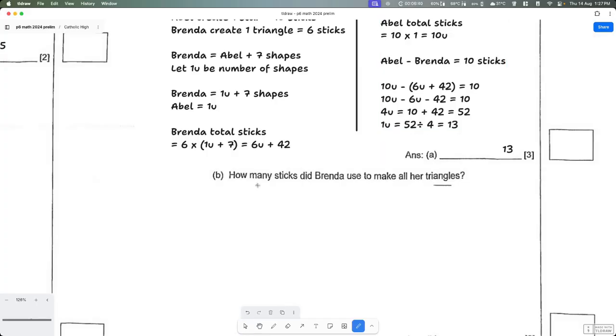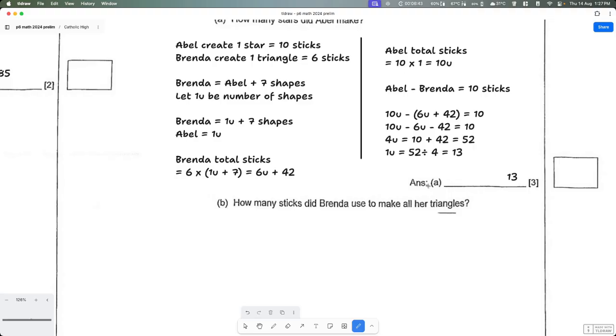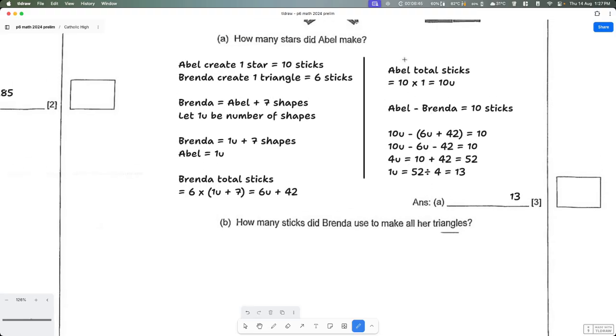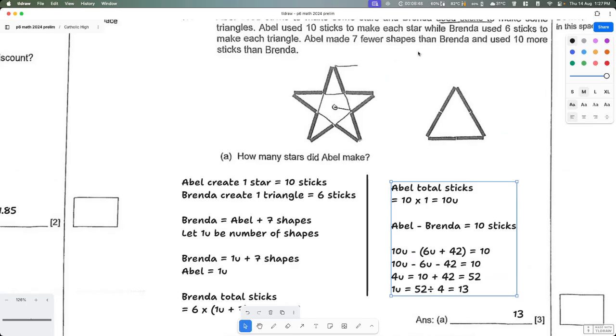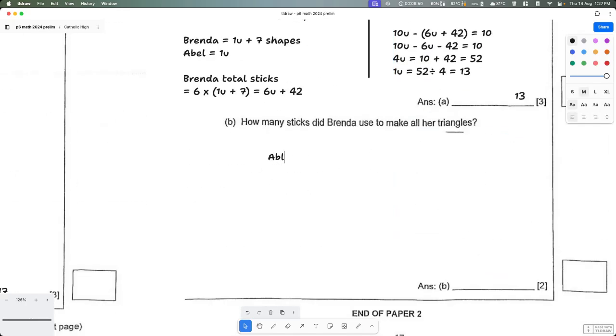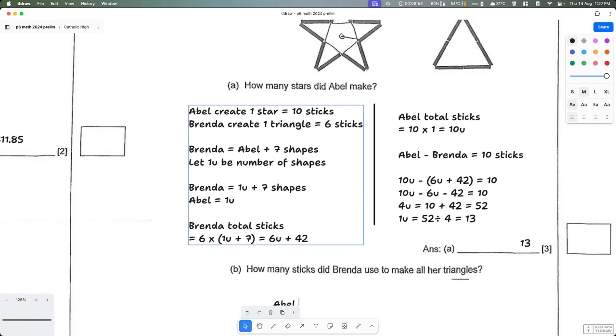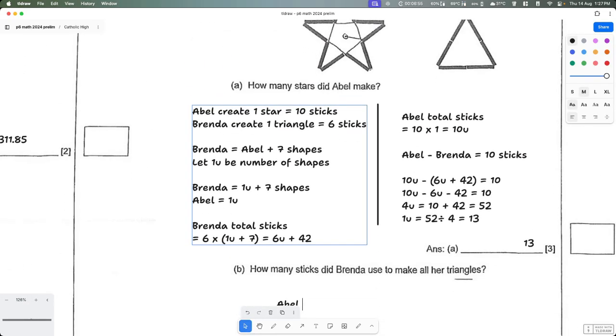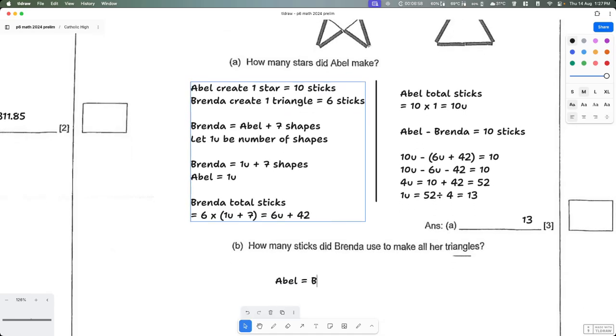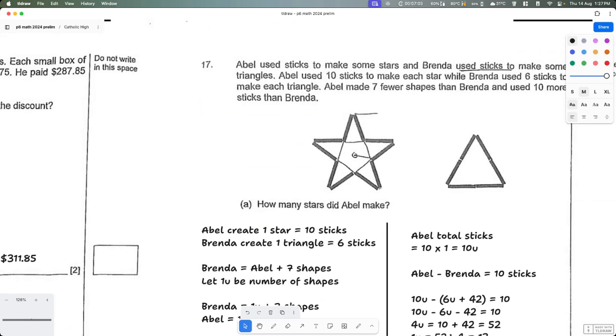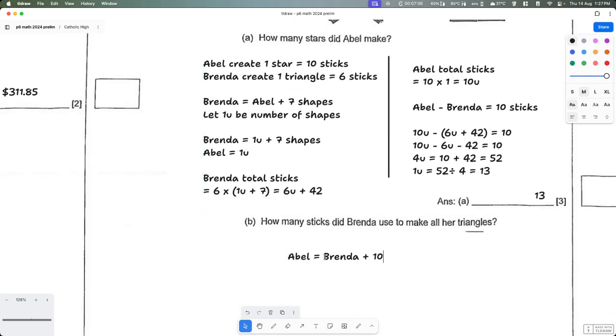How many sticks did Brenda use to make all her triangles? In this case, we know Abel is equal to Brenda plus 10. So Brenda is equal to Abel minus 10.